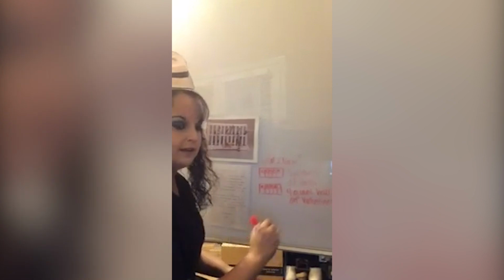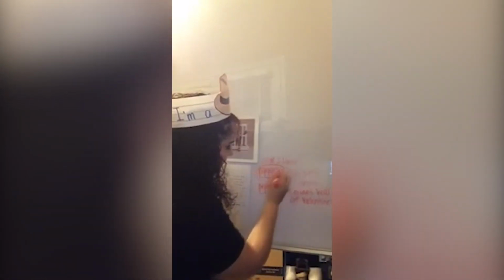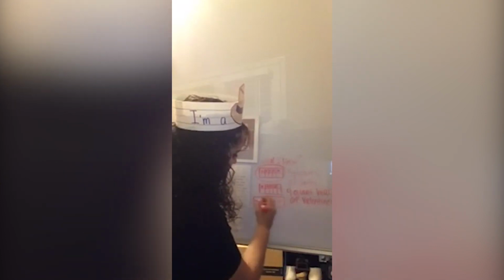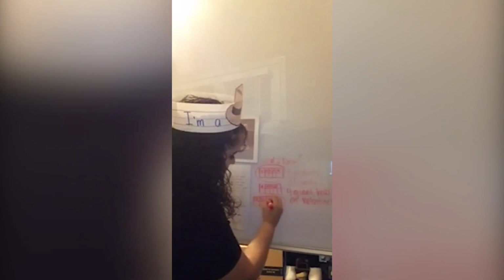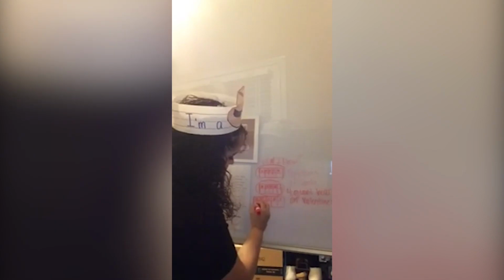I think we can. So there is 5 on this 10 frame. I'm going to make my 10 frame a little bit bigger to see if you can see it. And there's 4 on this 10 frame.